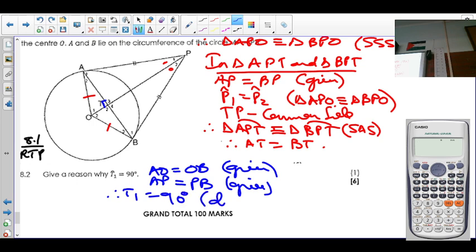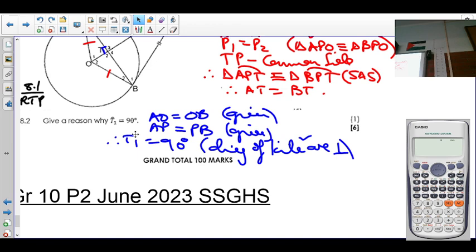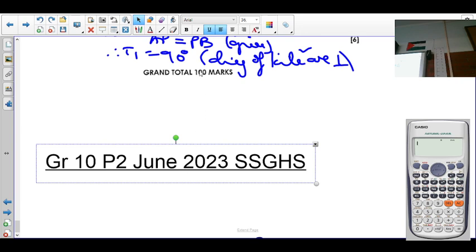Why? Because those are diagonals of a kite. So that is where the mark lies. You can just write diagonals of a kite, and it will suffice to get that mark. Too easy for you? Okay, I like it.